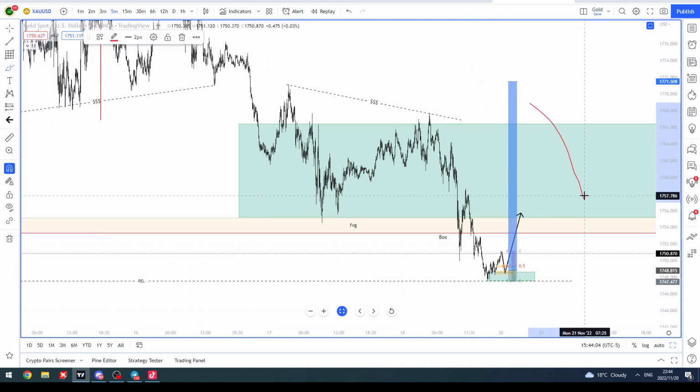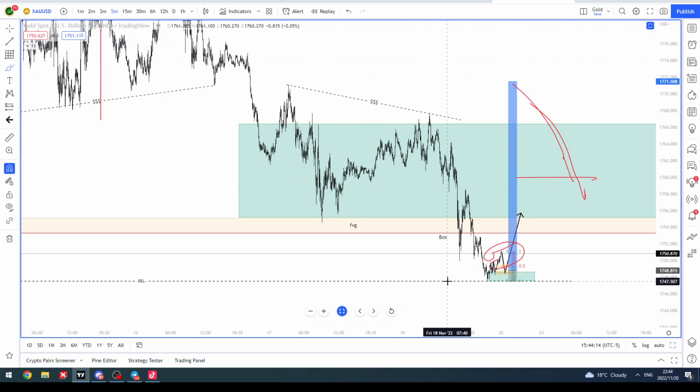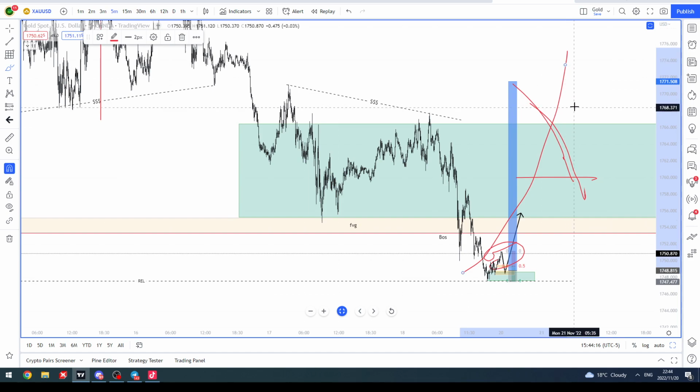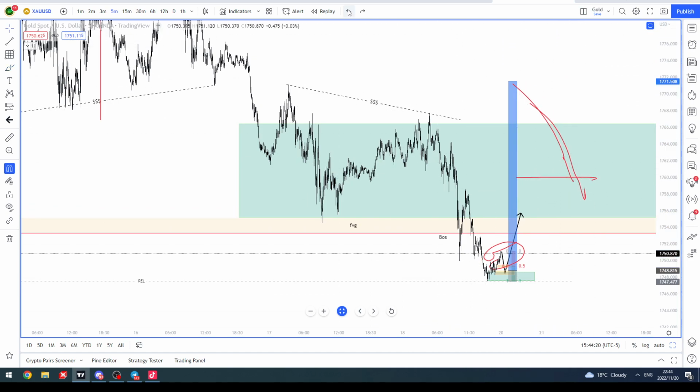We may push back into here, I don't know, but this is a good entry. If you get any pushes back in here, look for FVGs, any sort of PD array that you're looking for, which would be at the 50% of this range, and yeah, buy that. Add a second entry.